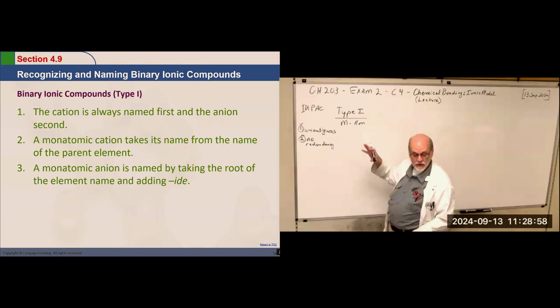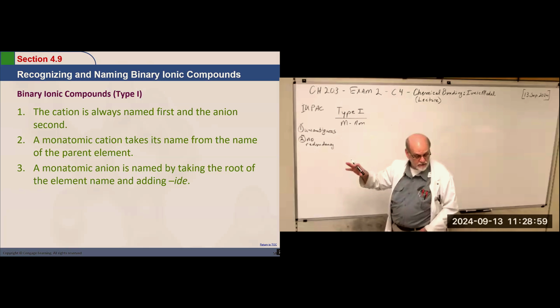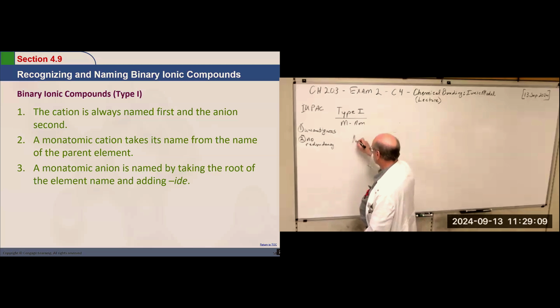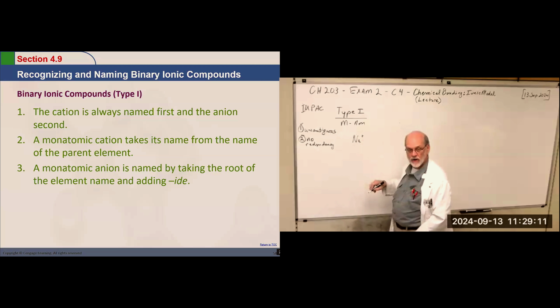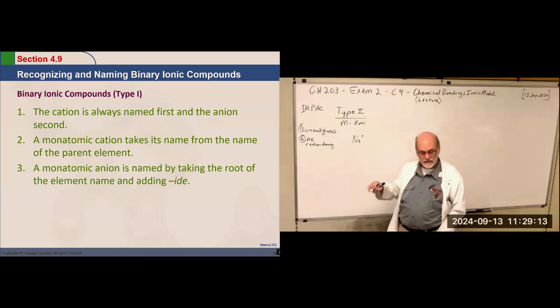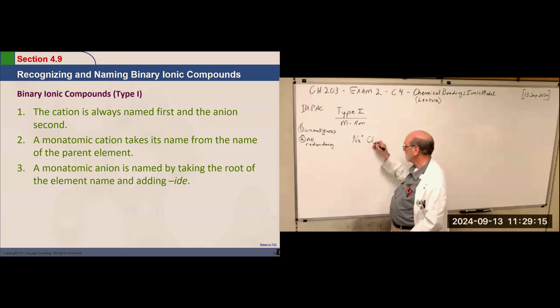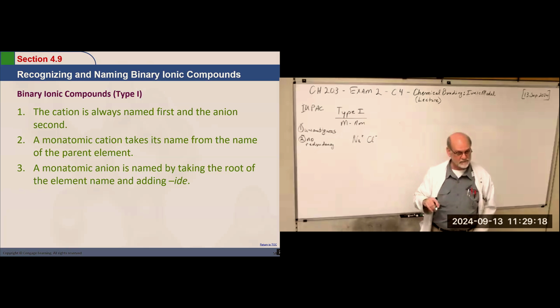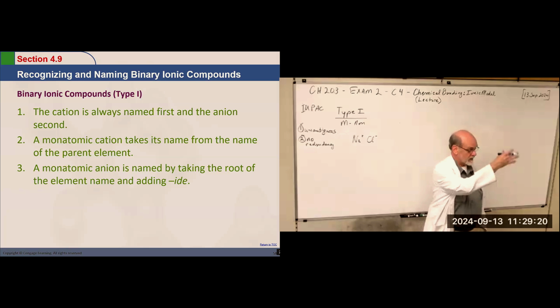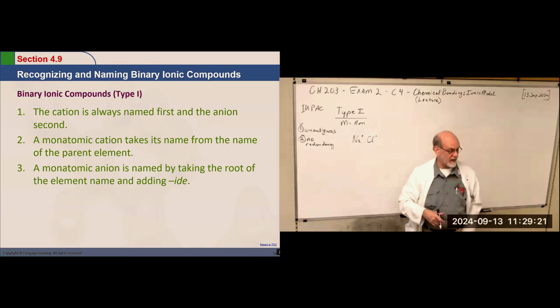So if the metals are a fixed charge, then all we have to do is say, what's the metal name? Remember, the cation comes first. So we'll use sodium chloride. We know that that's a +1 charge. And the chloride then would have to be a -1 charge to balance it. And in fact, all the halogens are -1. So we name it sodium.